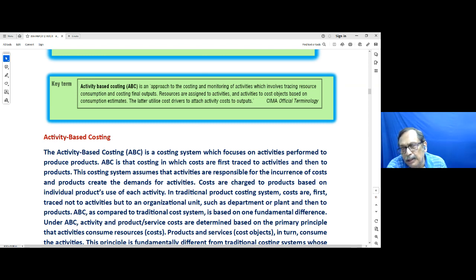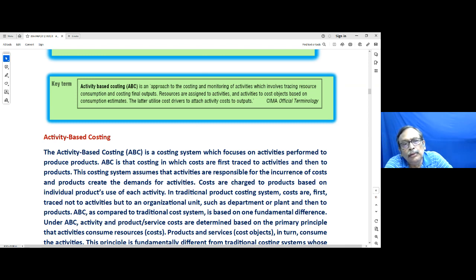We will discuss every one. Resources are assigned to activities and activities to cost objects. Cost object means a product, maybe a customer, and so on and so forth. Activities are assigned to cost objects based on consumption estimates. The latter, that is, cost objects, utilize cost drivers to attach activity cost to outputs.